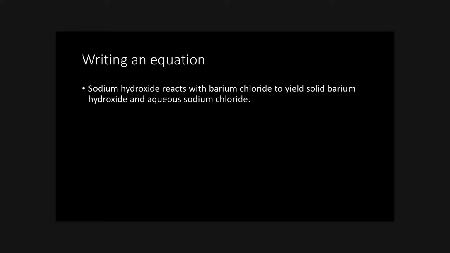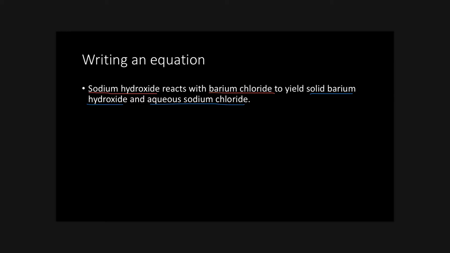First, you will underline or highlight your reactants. So your sodium hydroxide reacts with barium chloride, and then to yield, here's your solid barium hydroxide and aqueous sodium chloride.